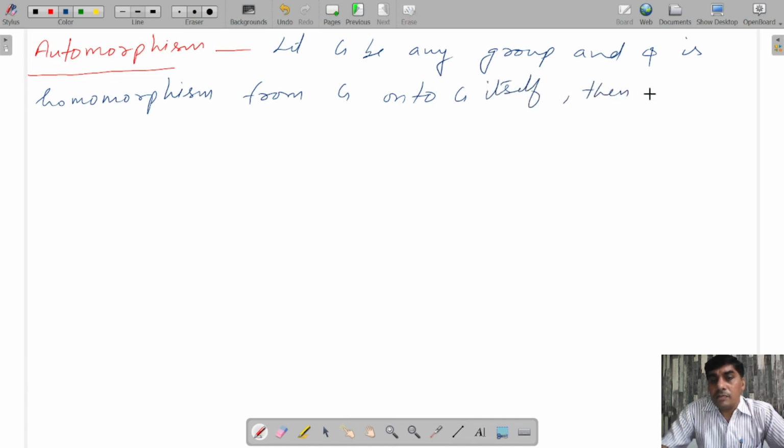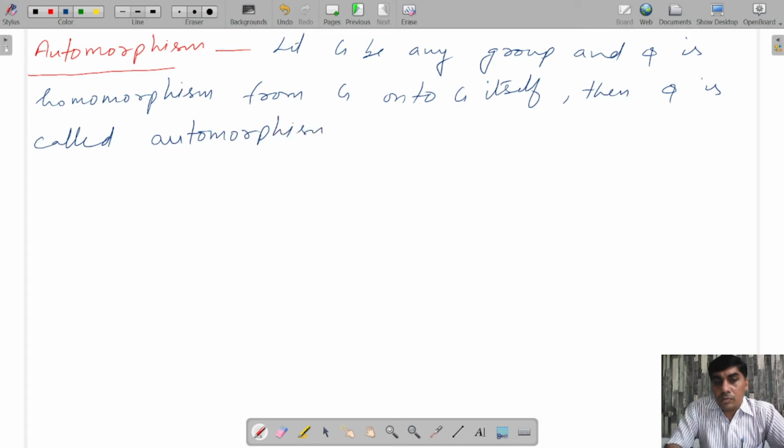Then phi is called an automorphism on G.